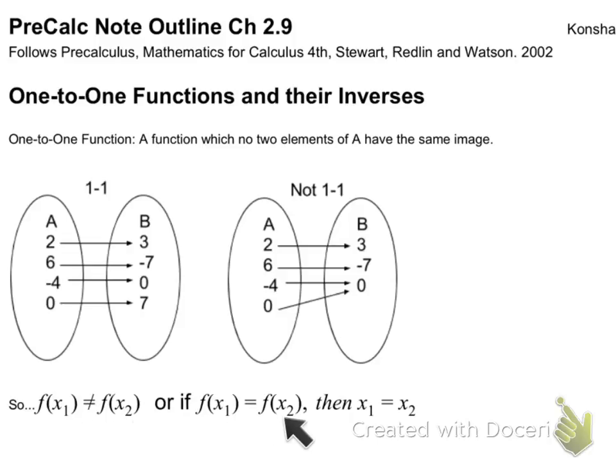If they happen to be the same value, the only reason that can be is if the values going in are the same. And we're going to use that fact to prove things are either one-to-one or not one-to-one algebraically. The only way for the outputs to be the same is if the inputs were the same, to be one-to-one.